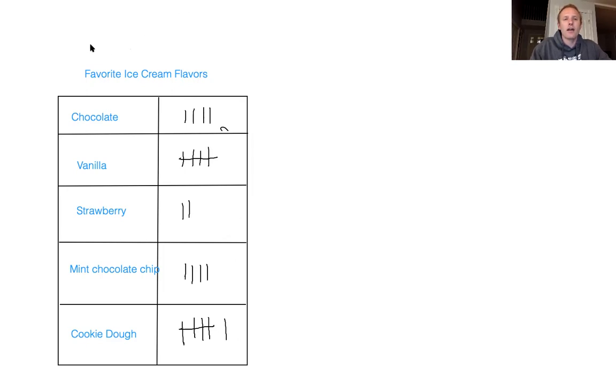And once you get that, now you have to represent it in a graph as well. So let's show you what that looks like. The graphs that we're working with at least are going to look a lot like this.